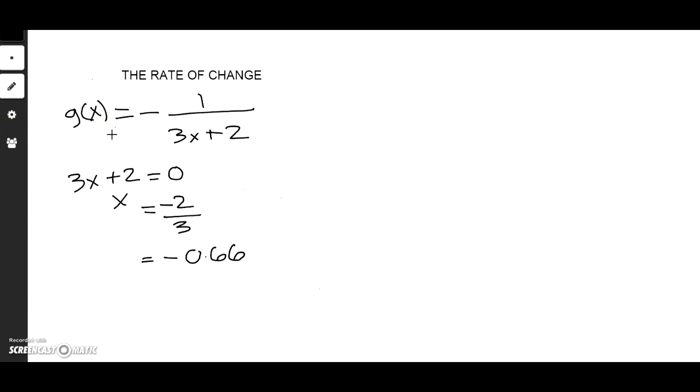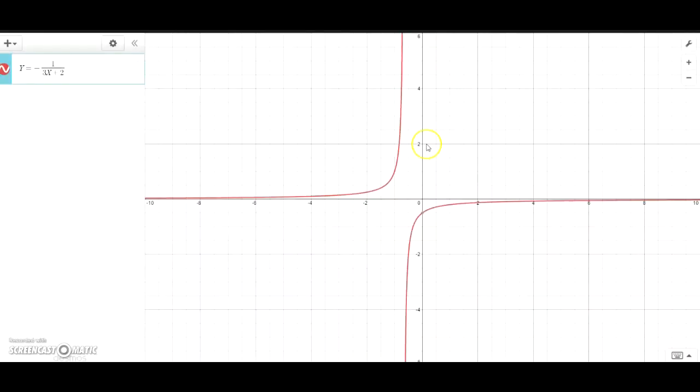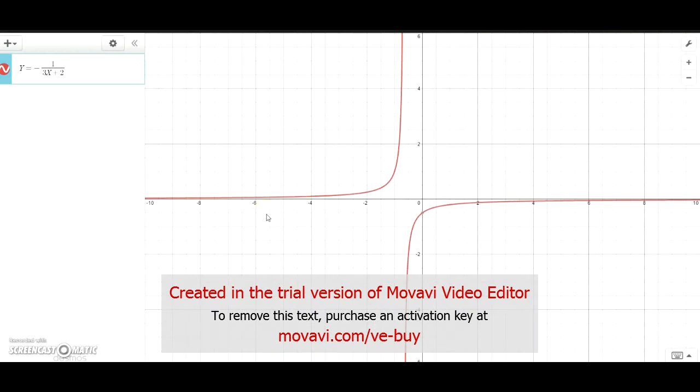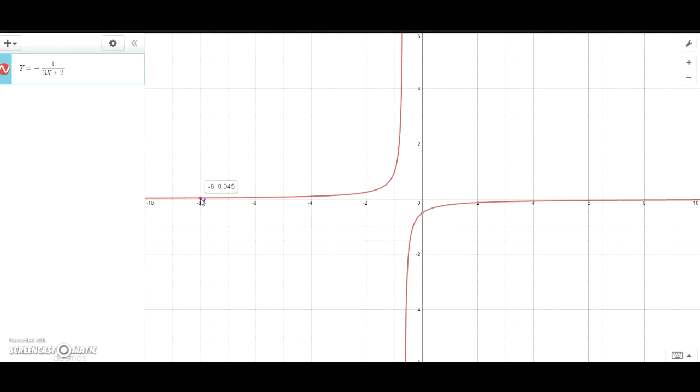Now we're going to plot this in decimals. So now we'll take two values left of negative 0.66. Let's take a look at the points negative 8 and negative 7. For negative 8, 0.045, and negative 7, 0.053. The values will be recorded.